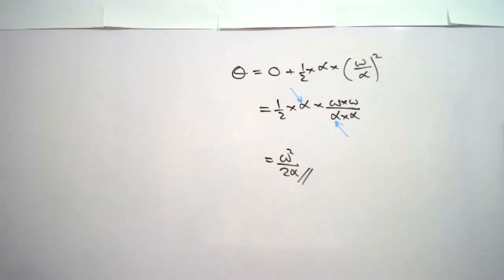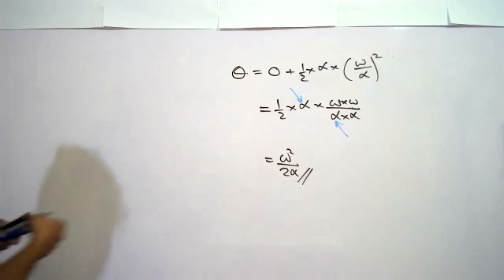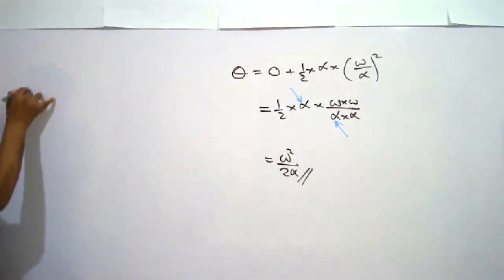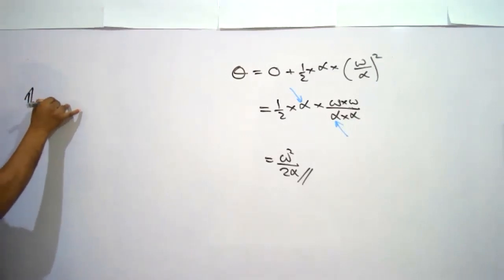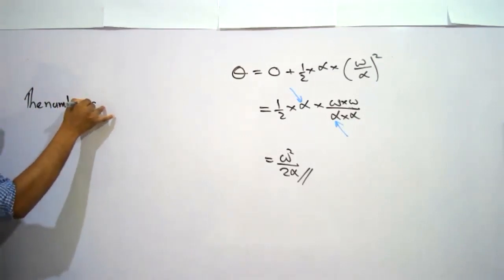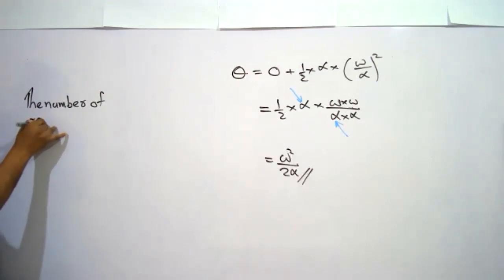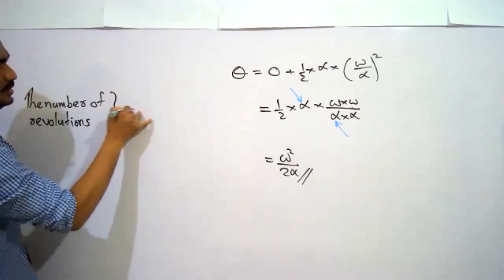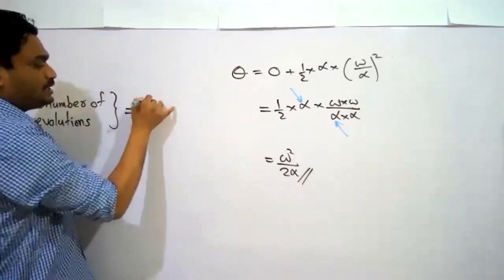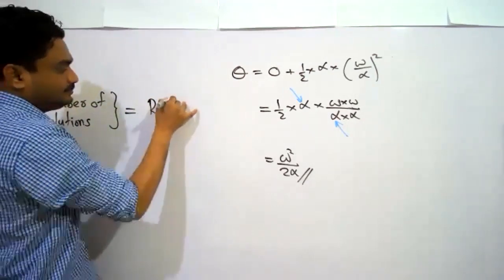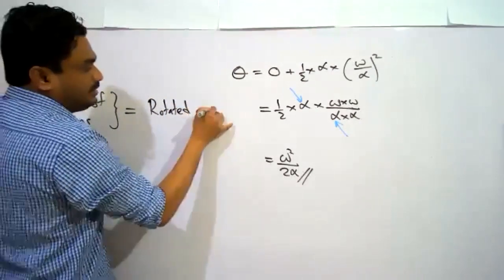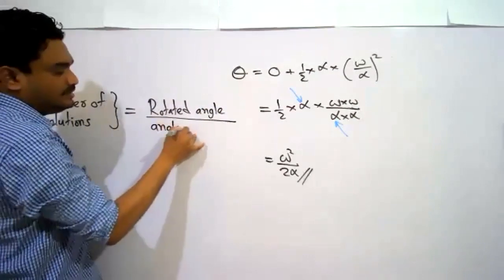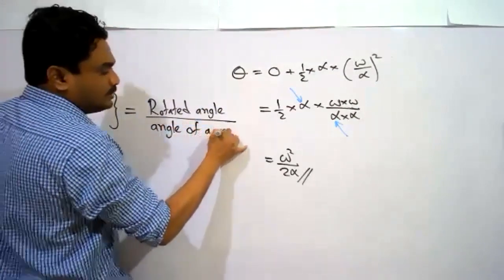How do you find the number of revolutions here? The number of revolutions is equal to the rotated angle divided by the angle of a revolution.